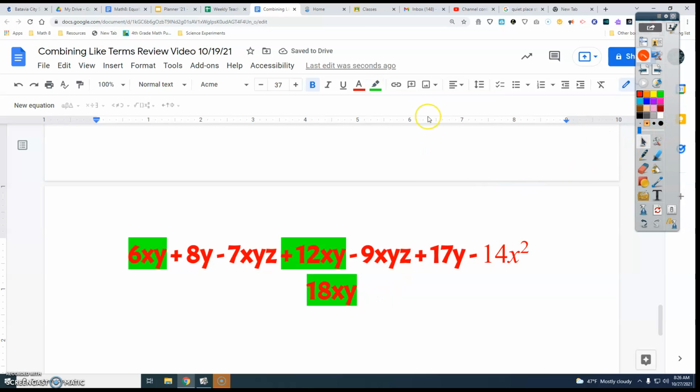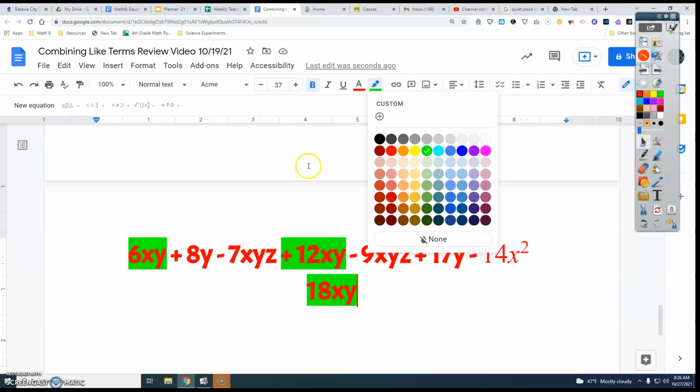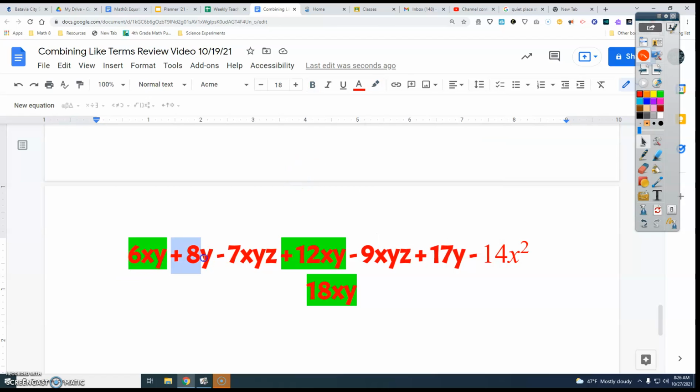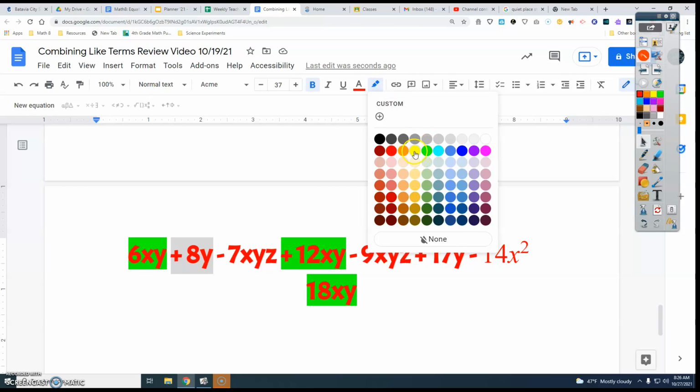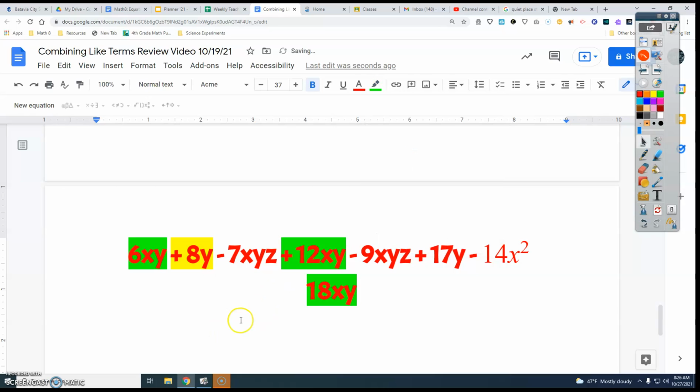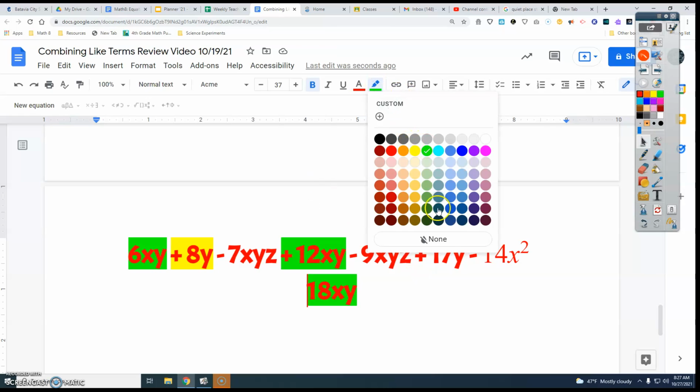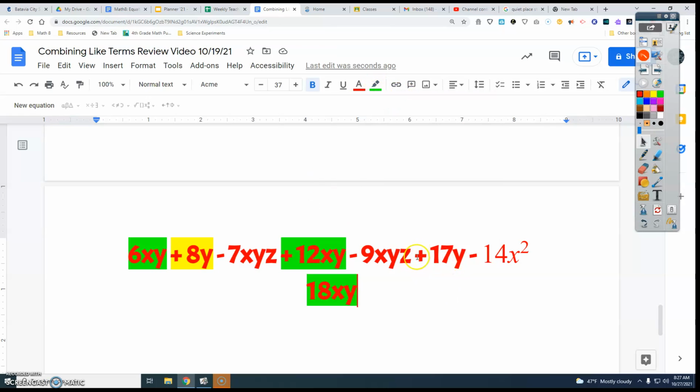So you know exactly what that is. Now, we're going to look at our next one. We're going to look at y. So we have positive 8y. So we're going to highlight that in a different color. So positive 8y, we will highlight in yellow. Is there any other y terms? Yes, there is. It's plus 17y. Let me highlight it first.